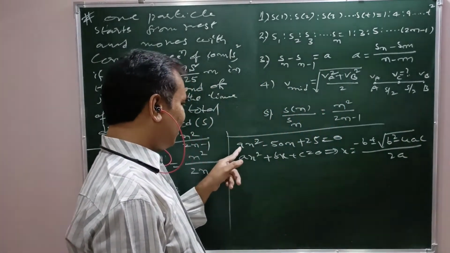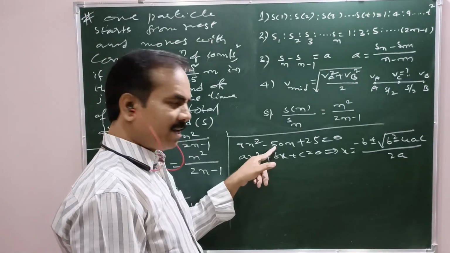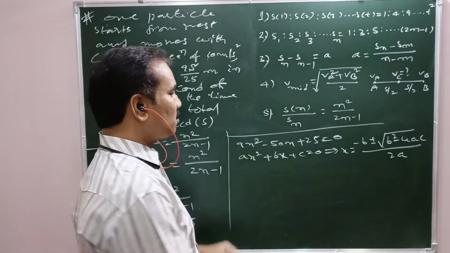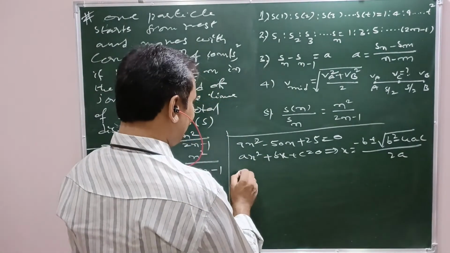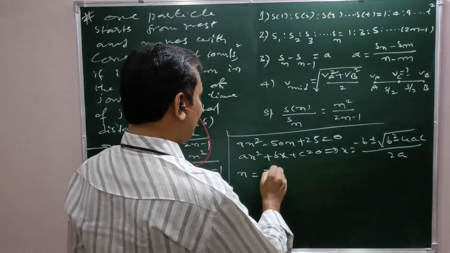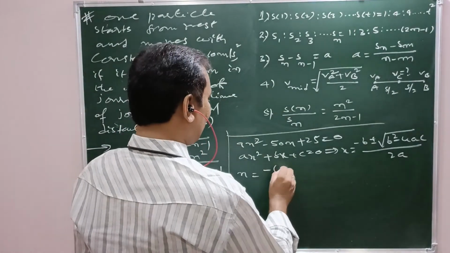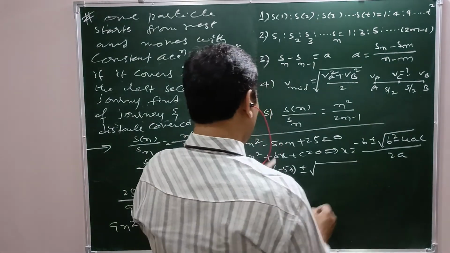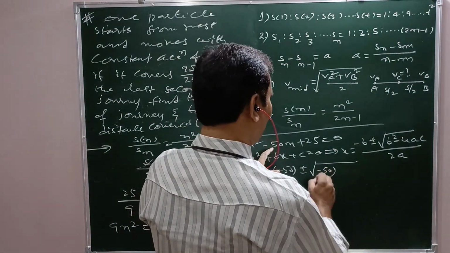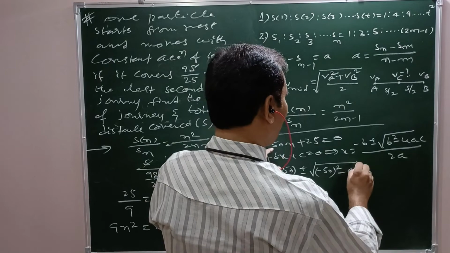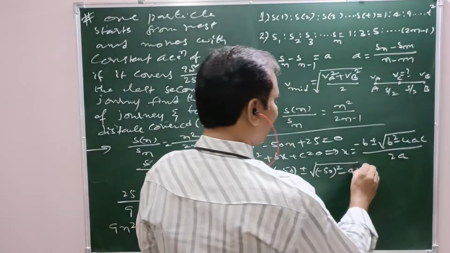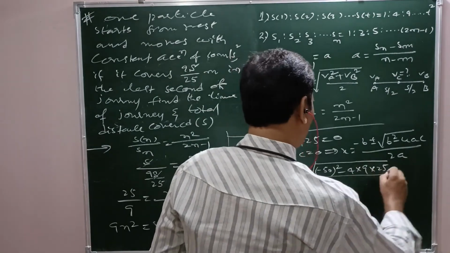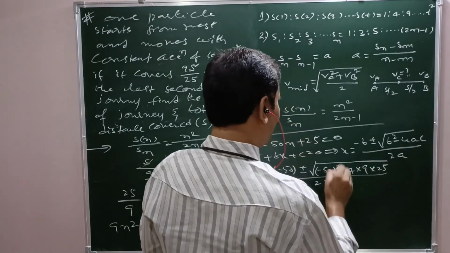So here a means 9, b means minus 50, c means 25, x means n. So n equals minus b, that is 50, plus or minus root over b square, minus 50 whole square, minus 4 into a, 9, into c, 25, by 2 into a, 9.